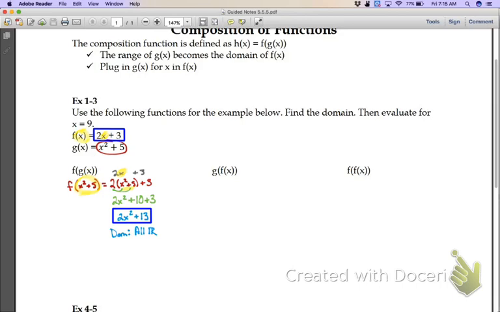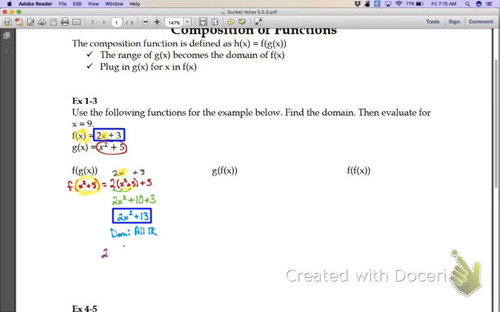And then evaluate when x is equal to 9. So I'm going to take the 9 into my new function.